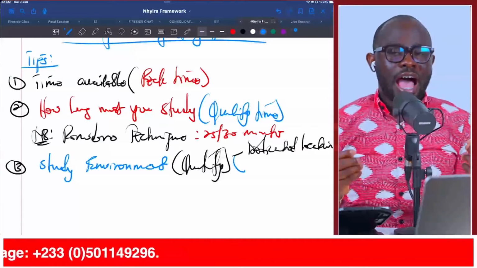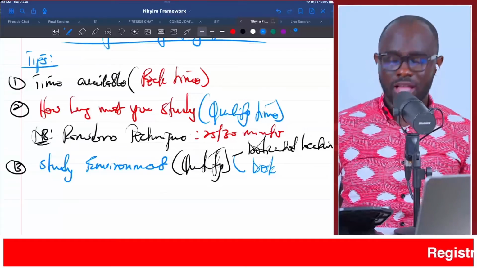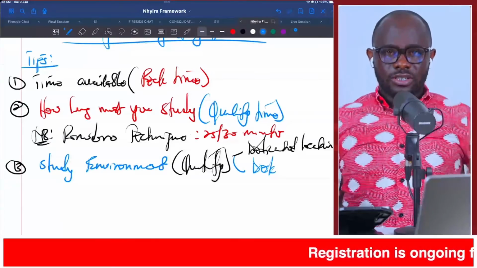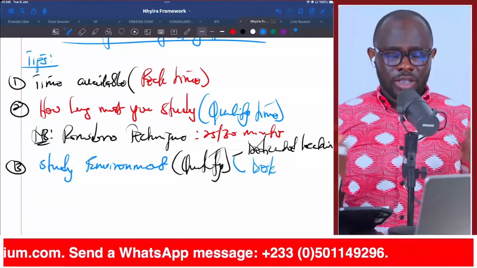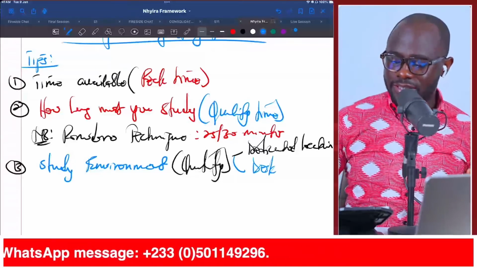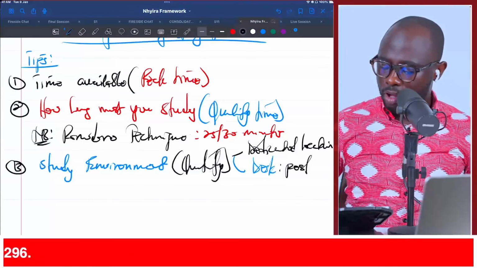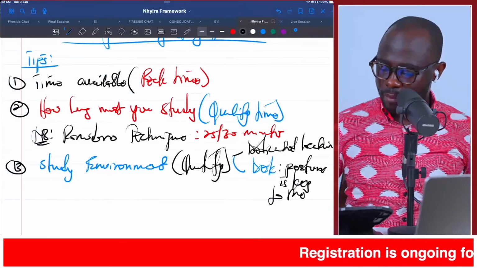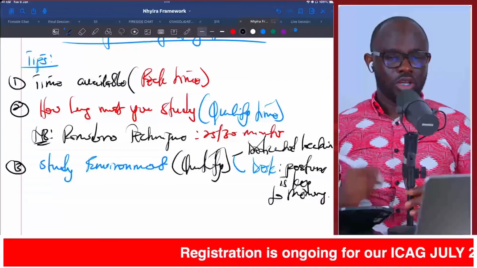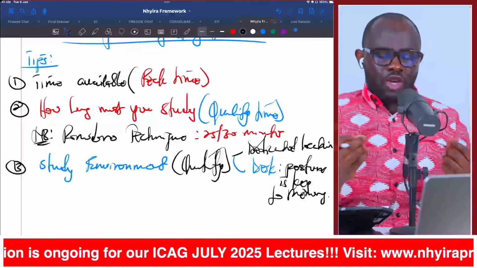Then you want to have a desk at your study area because you always want to sit straight, sit upright when studying. Because you see, posture is key to memory. Your ability to retain what you are studying, posture is key.